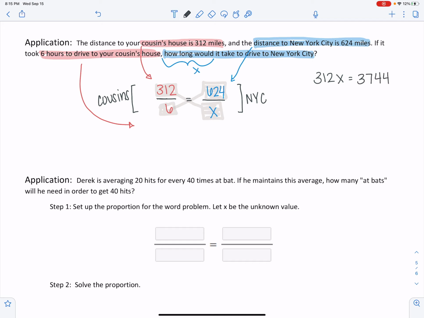Now from here, I'm going to solve for x, so I'm going to divide by 312, divide by 312, and then I will get out a final answer of x equals 12. So it would take me 12 hours to drive to New York City.